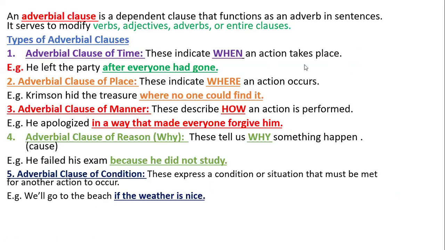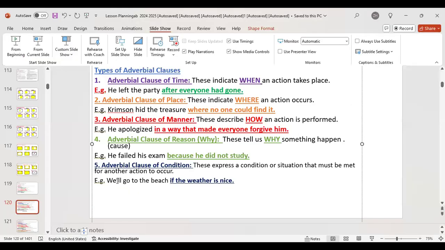Adverbial clause of condition. These express a condition or situation that must be met for another action to occur. So it expresses a condition or situation that must be met in order for something else to happen. All right. So, like I said, I don't want to use contractions, so we will go to the beach. Okay.